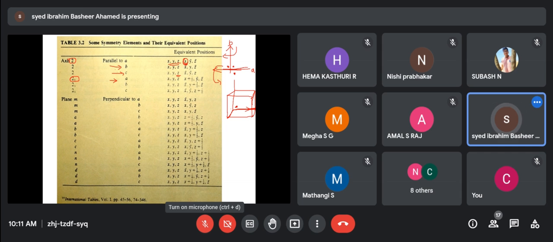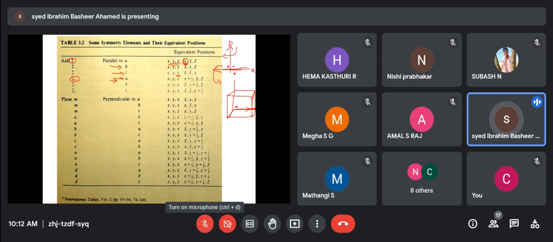The screw means you have to translate half unit length along the rotation axis through which you are rotating. If I rotate with respect to A axis, then I translate half unit along A. If with respect to B axis, I rotate about B and translate. So, for example, you see here 2 1 parallel to A.